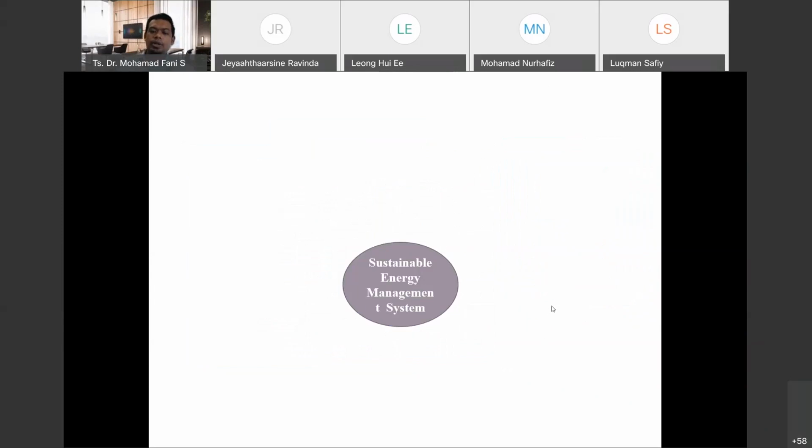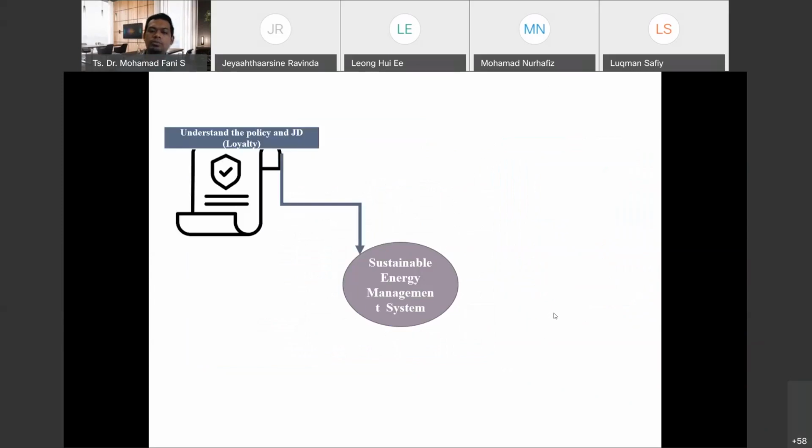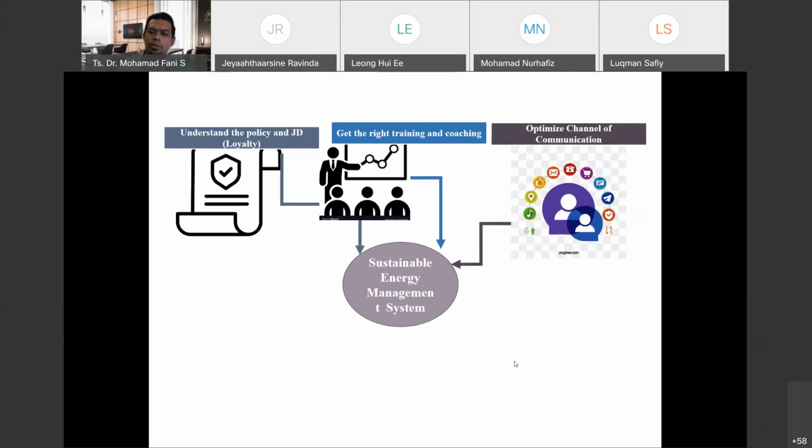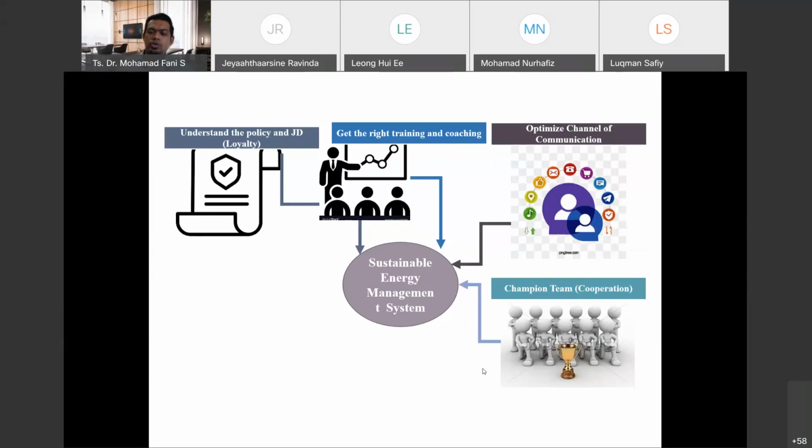Okay, the tips for the sustainable energy management system. So understand the policy and JD, job description, loyal with the policy that we have, get the right training and coaching, optimize channel of communication. Okay, champion team. So must have the dedicated office, dedicated team, that we call them as champion team.